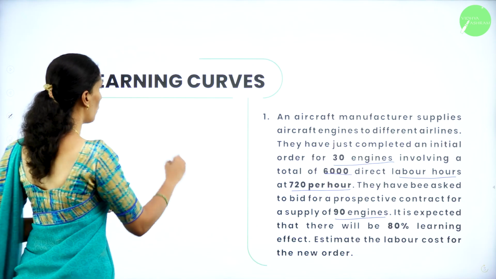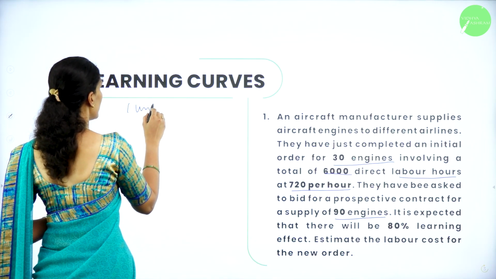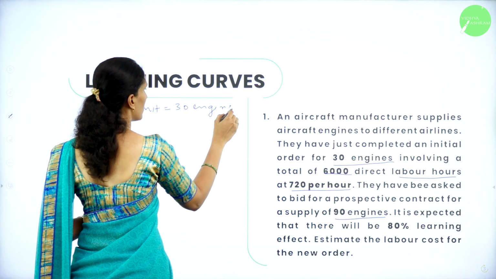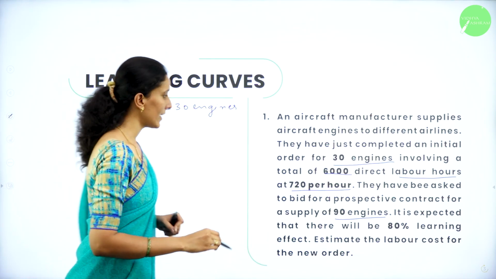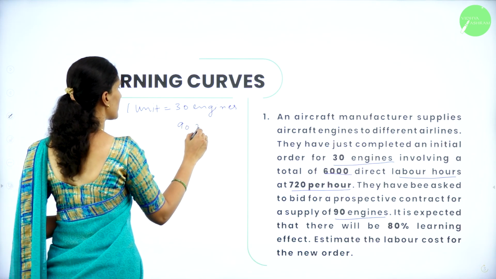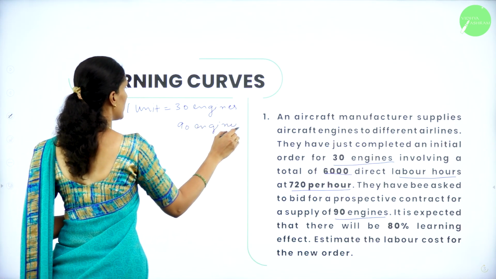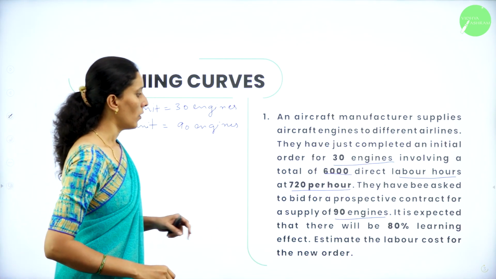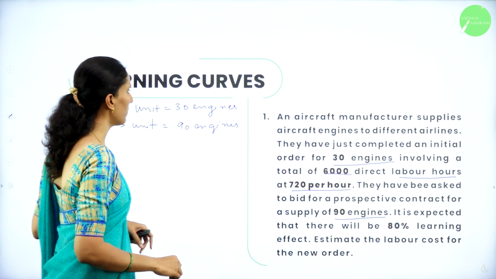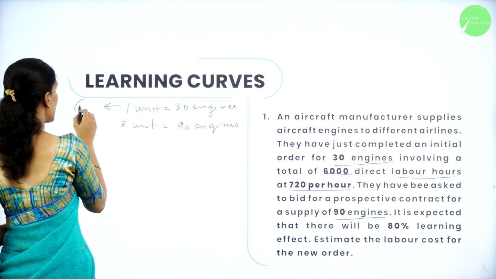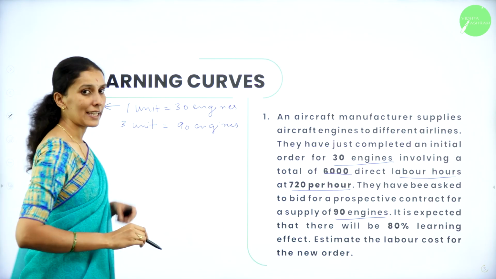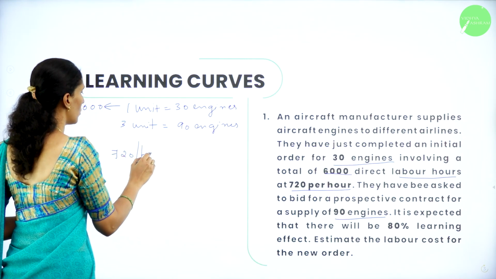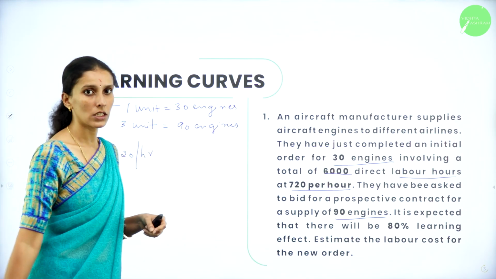So let me take 1 unit equal to 30 engines. For us, I need 90 engines. So 90 engines means it is 3 units. Now, also they have given the labor hours. So for 30 engines, it costs 6,000 hours initially at 720 rupees per hour. This is the data given.